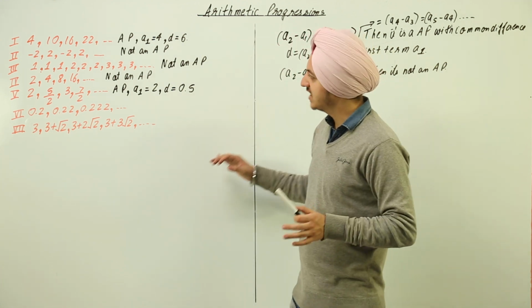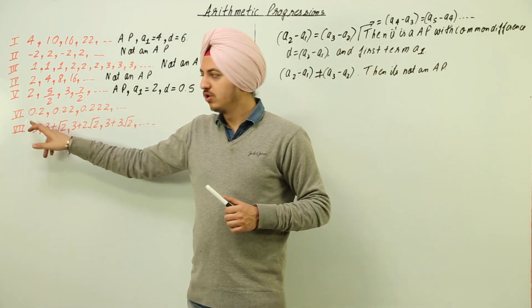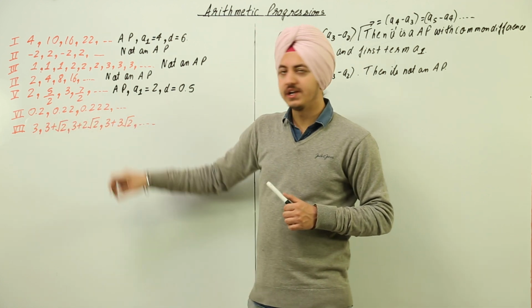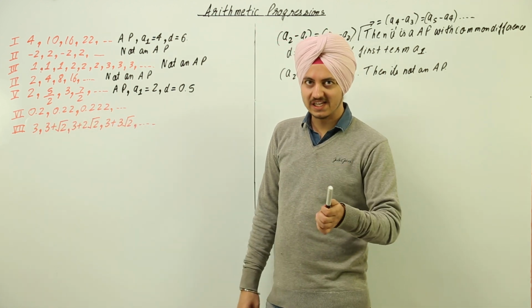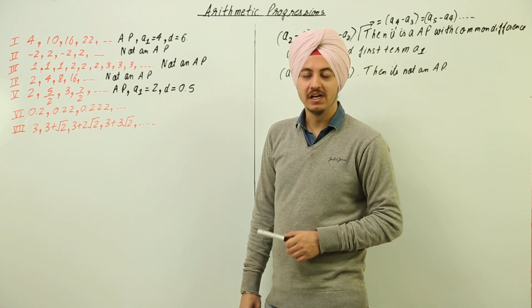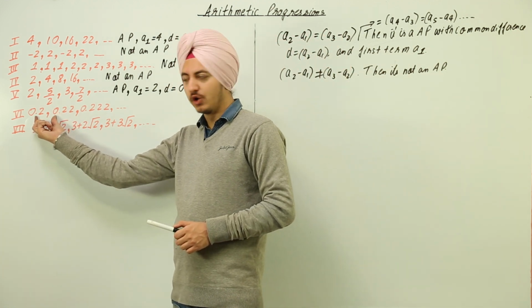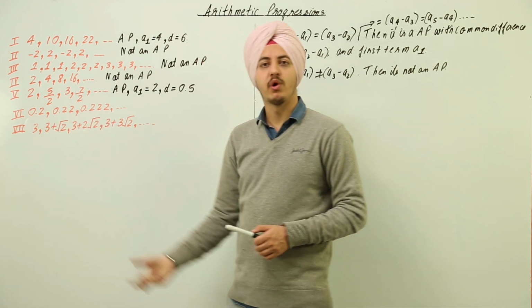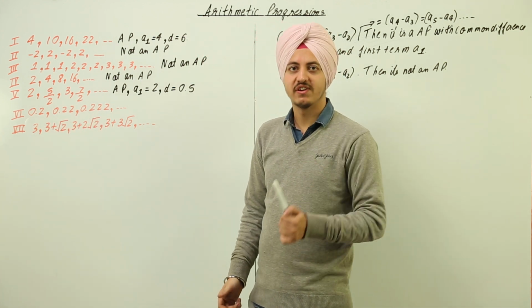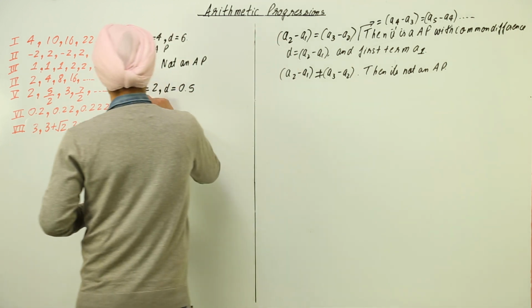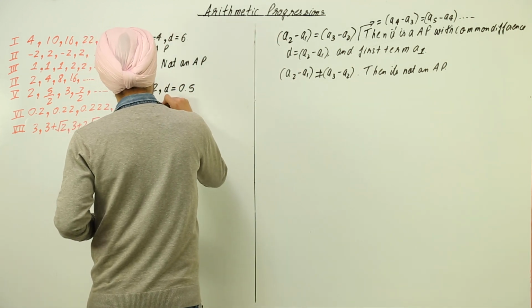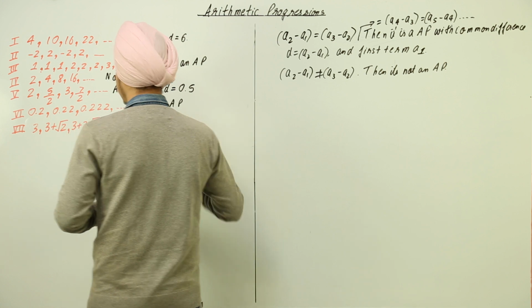Correct? Next we have 0.2, 0.22, 0.222. So this again is not an AP. Why? Because the difference between these is 0.02, the difference between these is 0.002. So the difference is not equal, so it is not an AP again.